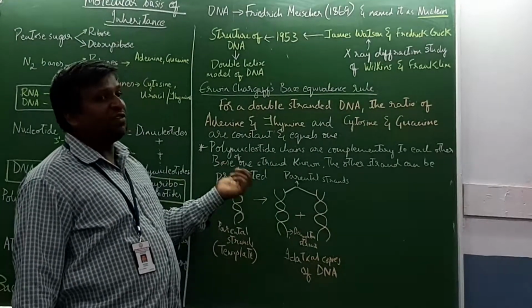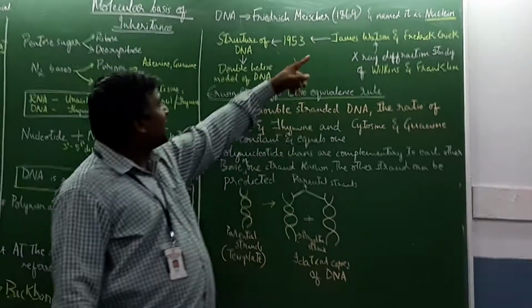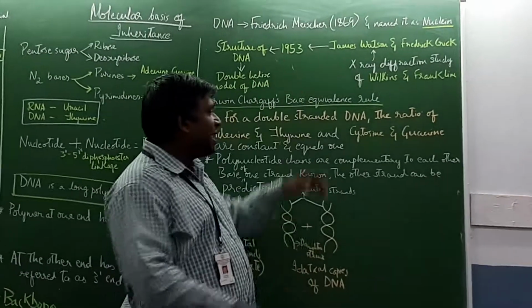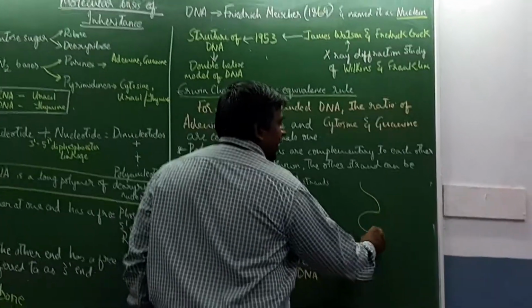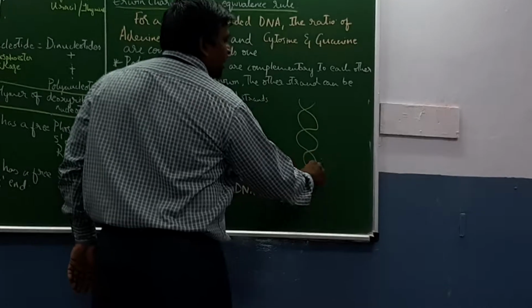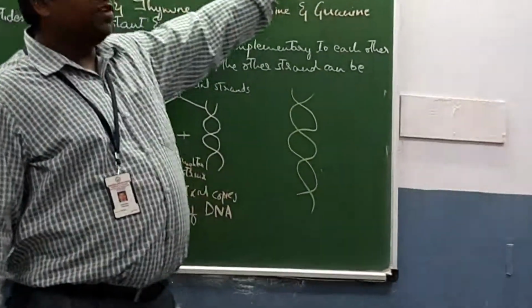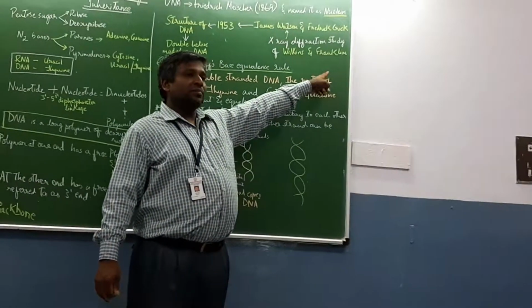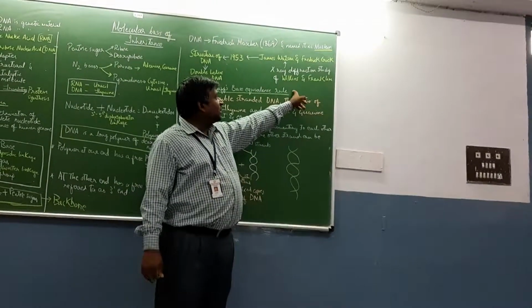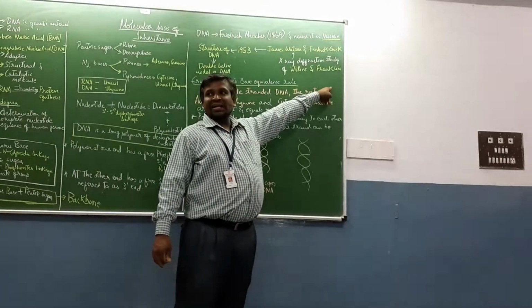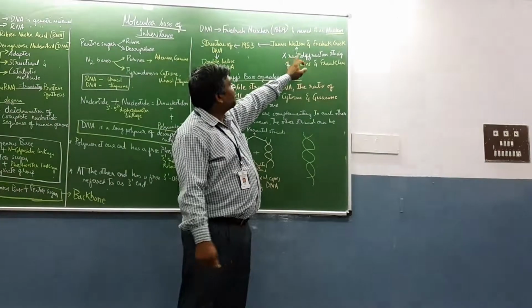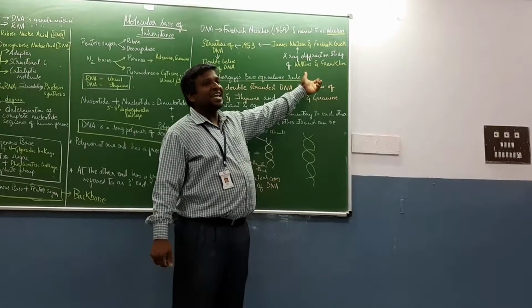This was put forth by Watson and Crick. But for Watson and Crick to put forth the double helical model of DNA, they required the information gathered by Wilkins and Franklin. Maurice Wilkins and Rosalind Franklin made an X-ray diffraction study of the nucleic acid DNA.